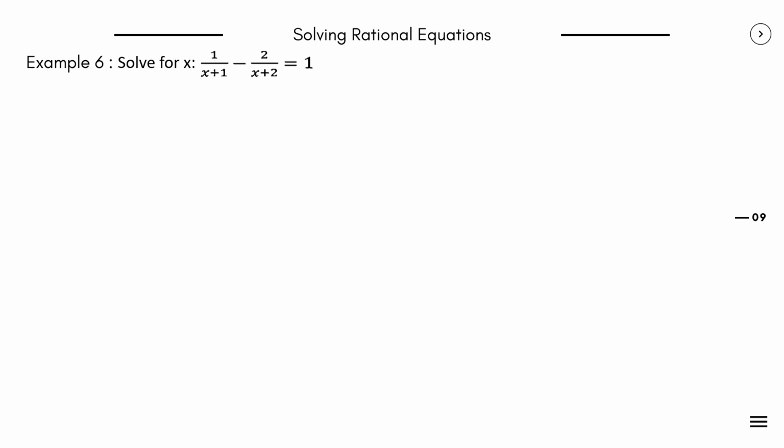Alright. So, ito naman, this example number 6, I will leave it to you. Kayo po ang magsasagot. And then, isa-send nyo sa akin through G-Class. So, gagawa ako ng form and then, ganito gagawin nyo.